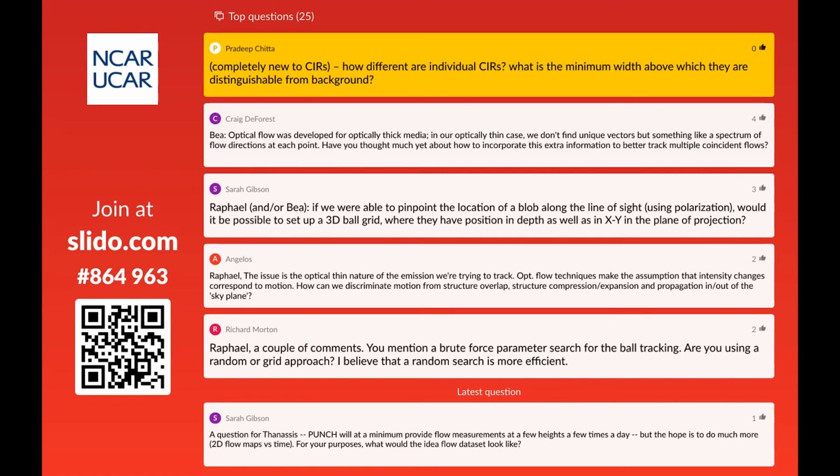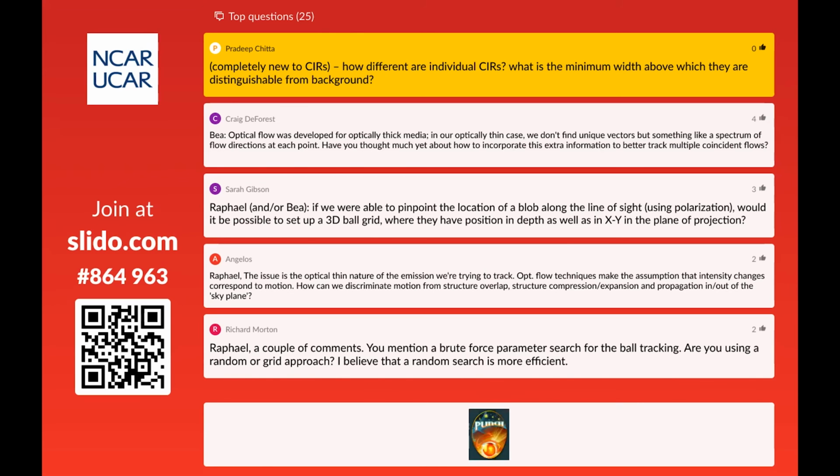But the CIRs are unusual in that they are transiently forming because of two features interacting in the solar wind. Now the question is, what are the time scales associated with the CIRs and how long do they live? Are they transient? Can we associate a particular length scale to a CIR? All these questions, of course, I do not have answers to, and hopefully PUNCH will be able to provide new insights into this area.